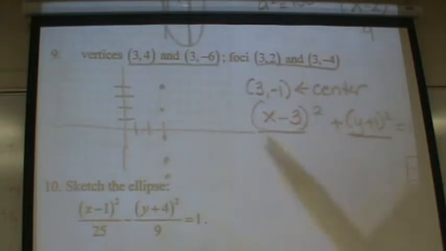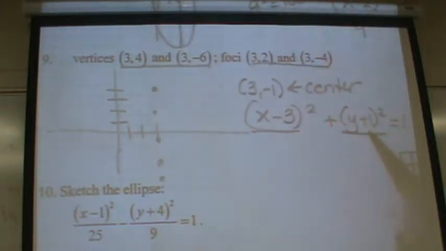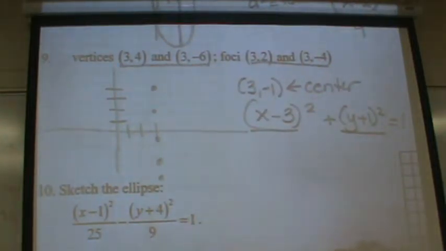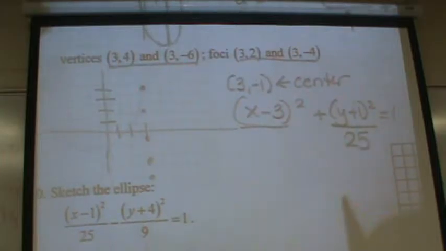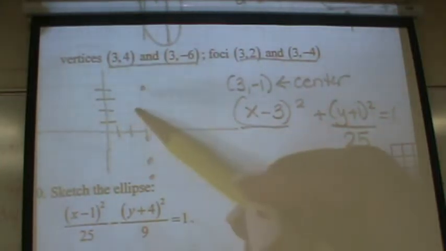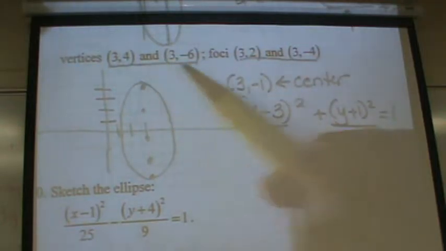How'd you get 5? Counting. Negative 1 to 4 is 5, or negative 1 to negative 6 is 5. Are you gonna put 5 somewhere? 25 under y plus 1. Why under the Y value? Because it's elongated under the Y value.